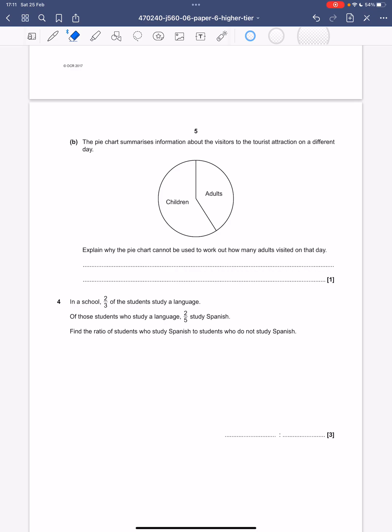So we could do a ratio but we couldn't possibly put any figures to it because we need to know how many people are represented by each degree. If we want to work out how many adults, we need to know how many people are represented by a degree.